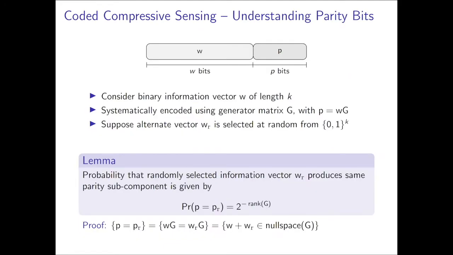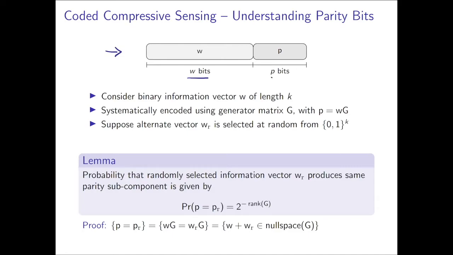To know where to place the parity bits, we need to understand the pruning process a little better. Our starting point is a classic codeword with some parity bits. So consider a codeword with, say, w information bits and p parity bits.